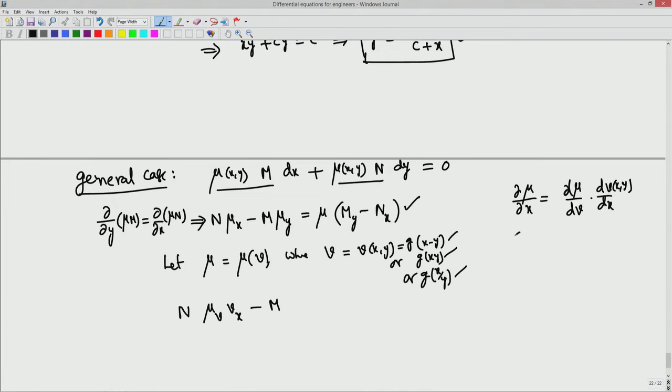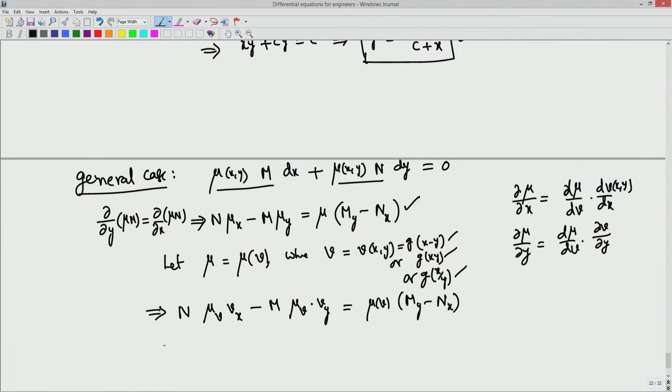Mu y, that is dou mu by dou y, is, mu is a function of v, so d mu by dv into dou v by dou y. Okay. So this will give me mu v into vy in the place of mu y, which is equal to mu of v dou m by dou y, that is my minus nx. This is what it becomes.